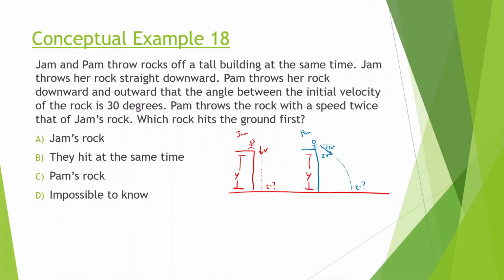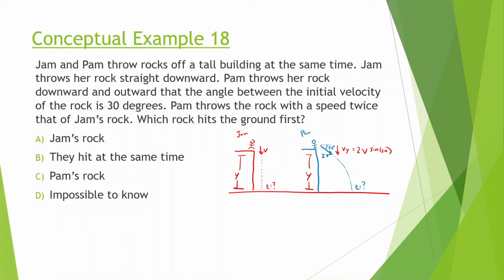We know the displacement in the y is the same, so it's going to be falling for the same height. But we want to find what the velocity is in the y direction for Pam. Since we know for Jam it's just v, but we want to know what this is. So this is going to be equal to 2v sine of 30. So what we should also know is sine of 30 is equal to 1/2.